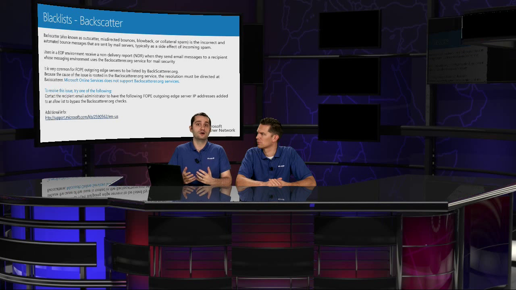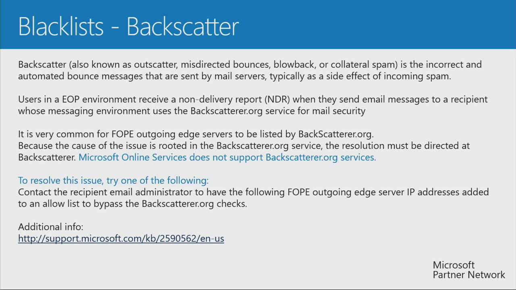Backscatter is one of these systems, for example. So it may happen that one of the IPs used by Exchange Online Protection is included inside the backscatter system. This means that if the destination email server is using backscatter as a blacklist provider, this on-premise email server will identify our messages as spam.